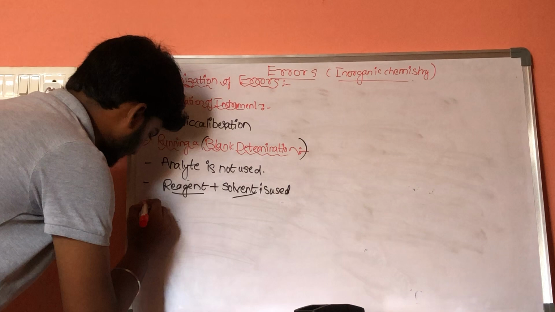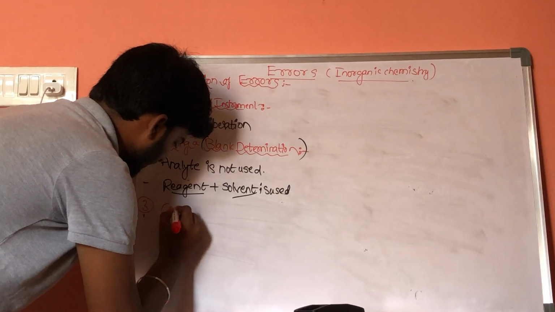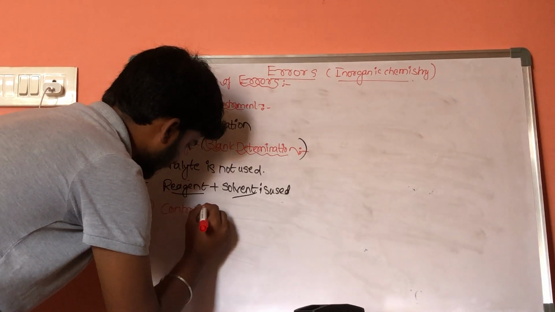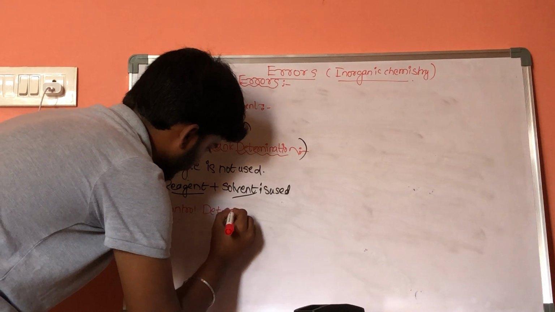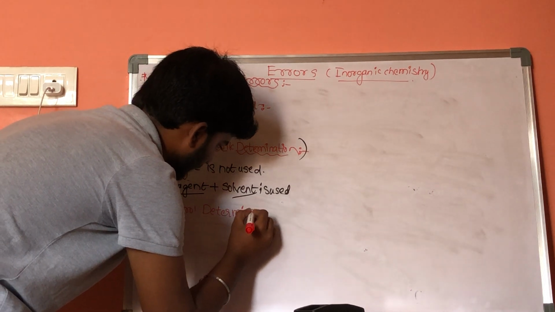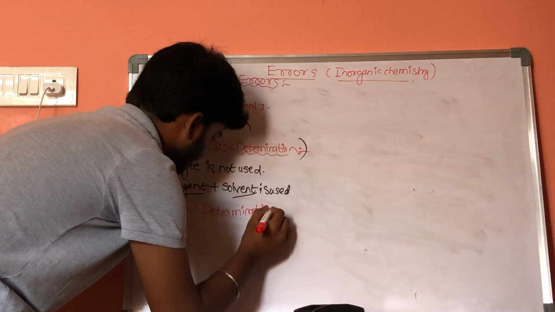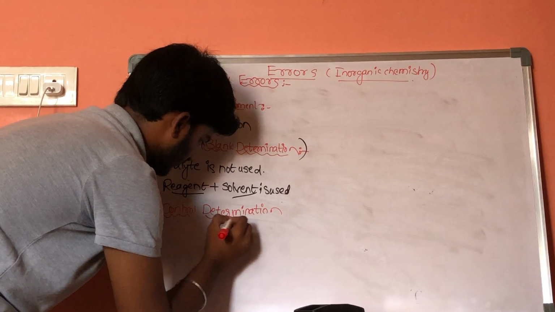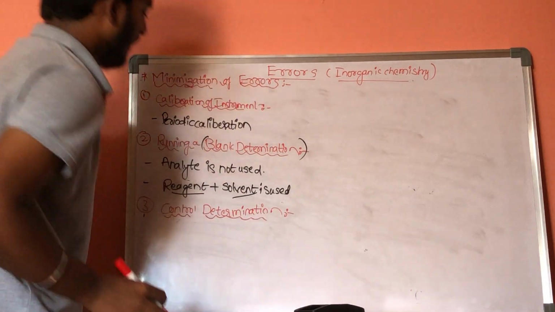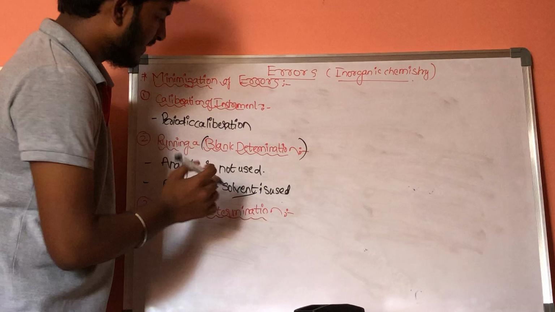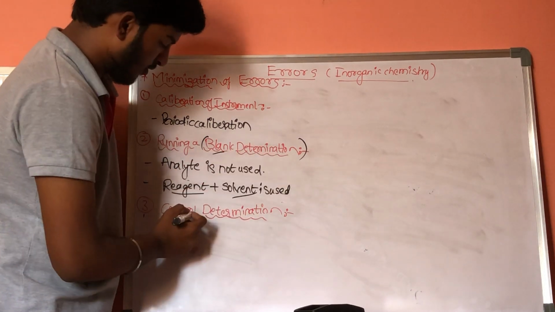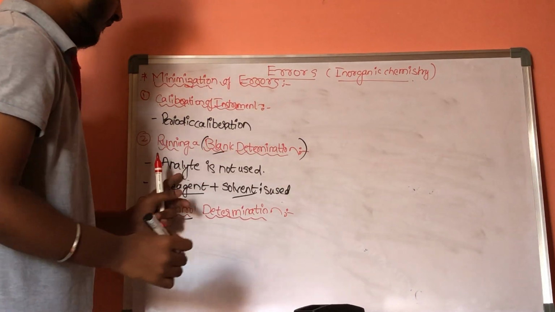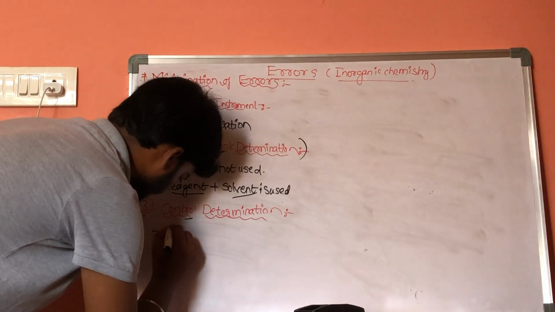Next, third one is control determination. What is the difference between blank determination and control determination? Here we use the analyte.